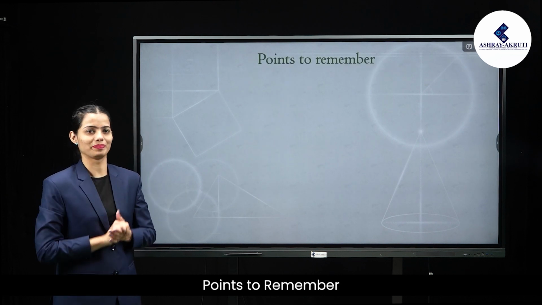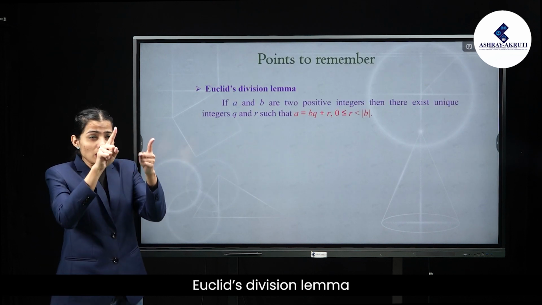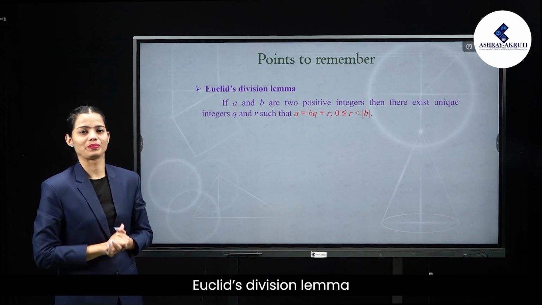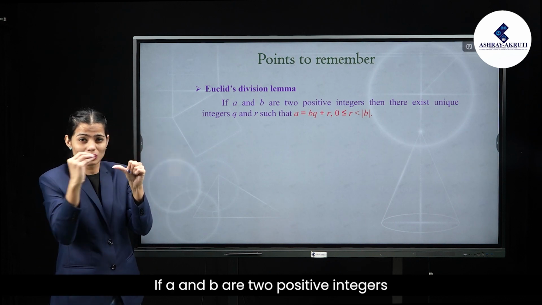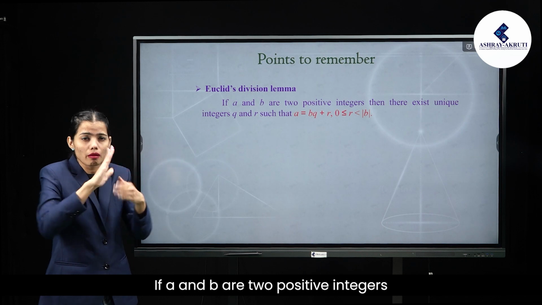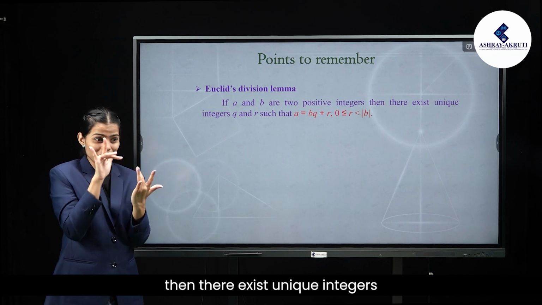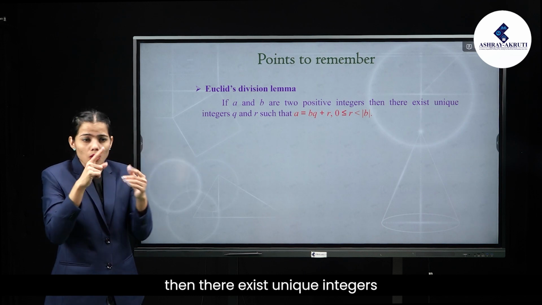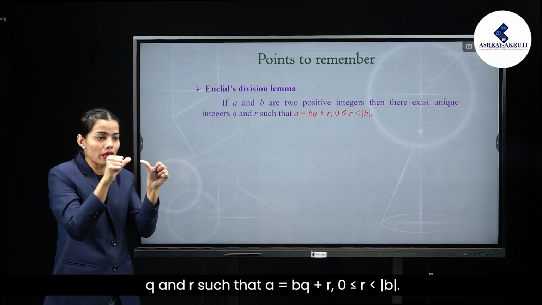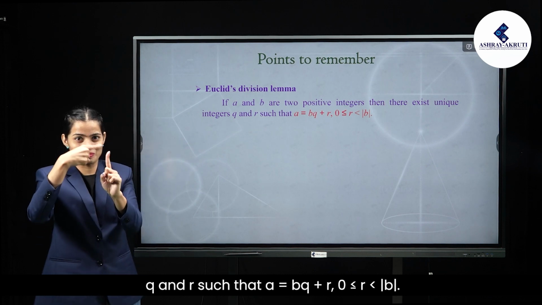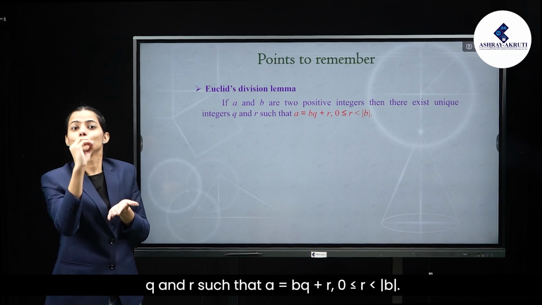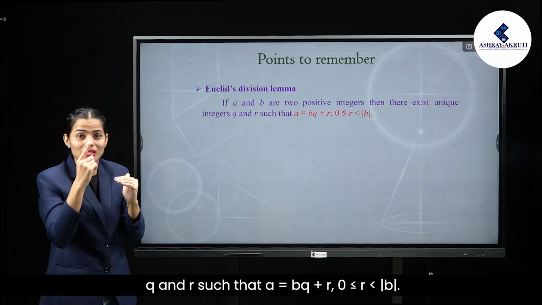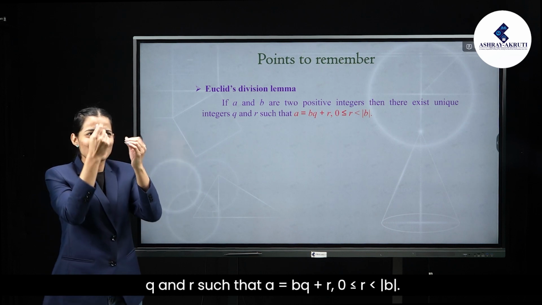Points to remember. Euclid's division lemma: if A and B are two positive integers, then there exist unique integers Q and R such that A = BQ + R, 0 ≤ R < |B|.